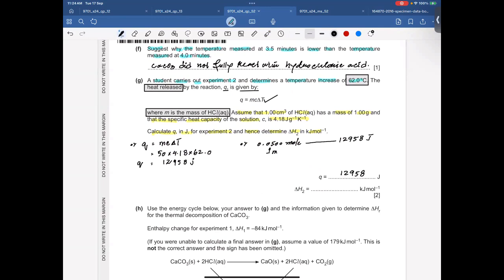If we have 1 mole, divided by 0.05, it's basically 259,160 joules, converted into kilojoules. So divide by 1000. It's basically 259.16 kilojoules. And since heat is released, the sign has to be negative here.